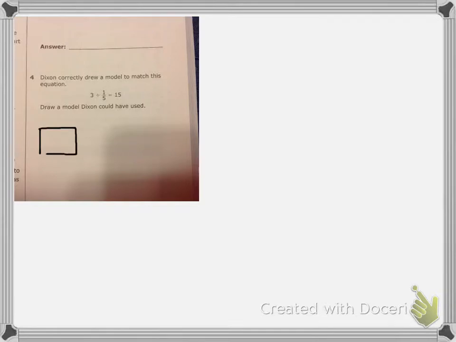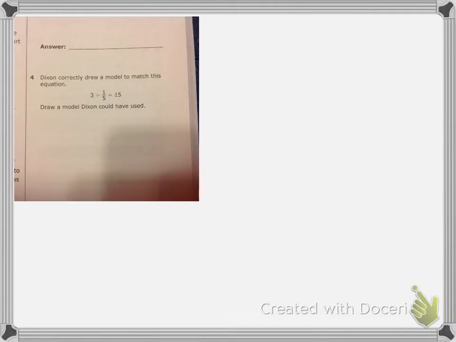We would draw 3 whole squares, because 3 is how many we're dividing into. Right? No, wait, maybe I did that wrong. No, because that equals 15. Hang on just a second.